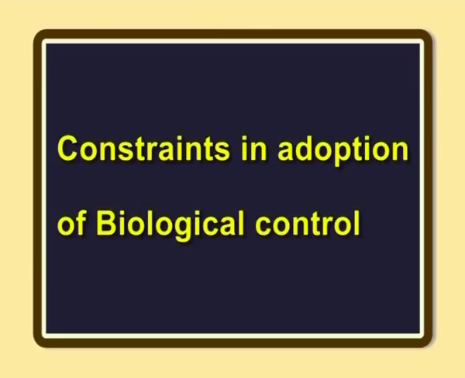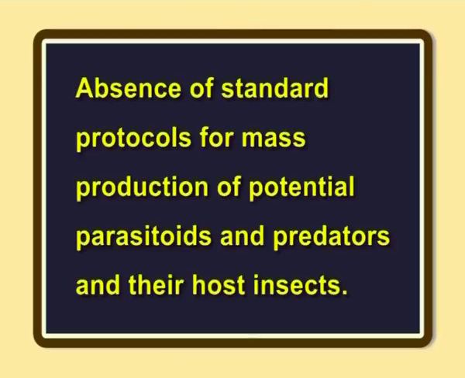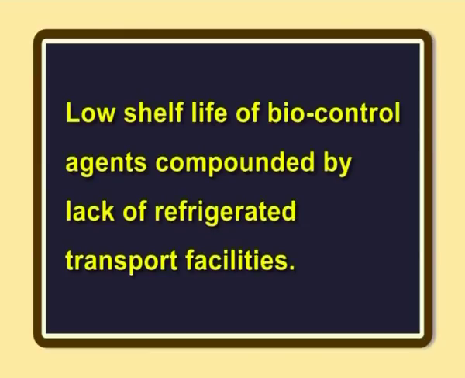Constraints in adoption of biological control. Absence of standard protocols for mass production of potential parasitoids and predators and their host insects. Low shelf life of biocontrol agents compounded by lack of refrigerated transport facilities.